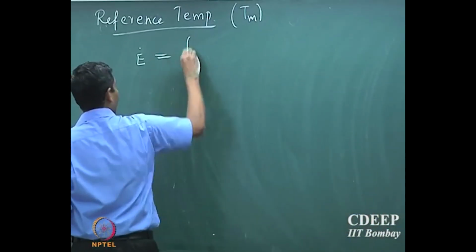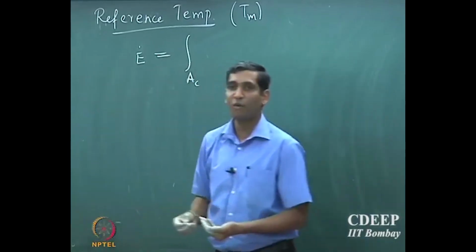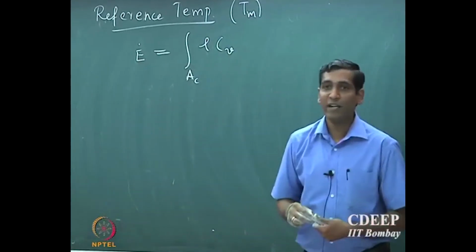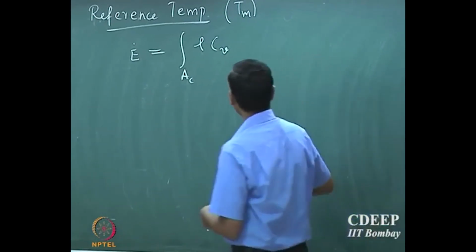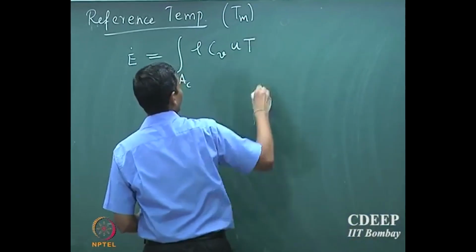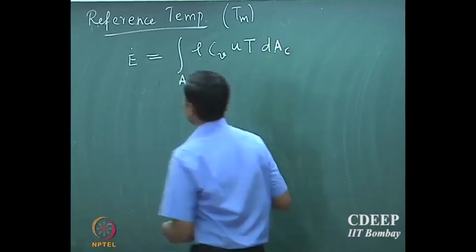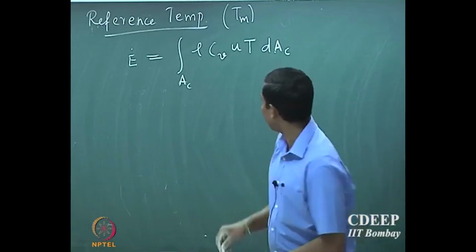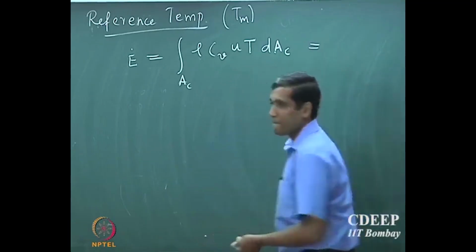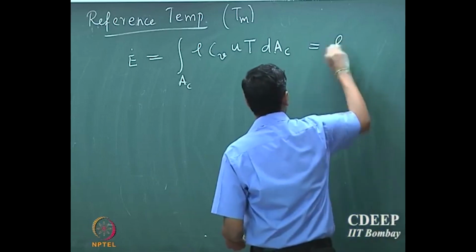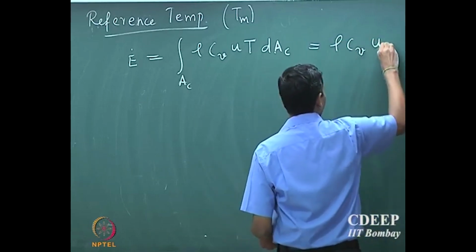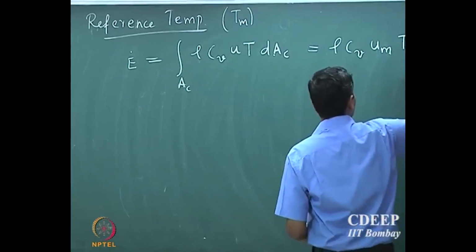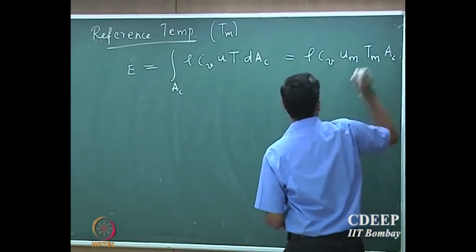So the internal energy at any location is given by the integral over the cross section of rho times the internal capacity of the fluid, rho Cv, multiplied by u into T into dAc, right. So that is the internal energy that is actually being transported. Now we can define this as rho into Cv into the mixing cup velocity um multiplied by the average temperature Tm into the cross-sectional area.